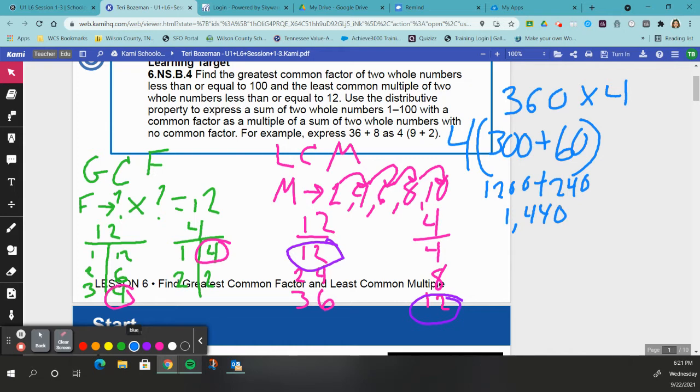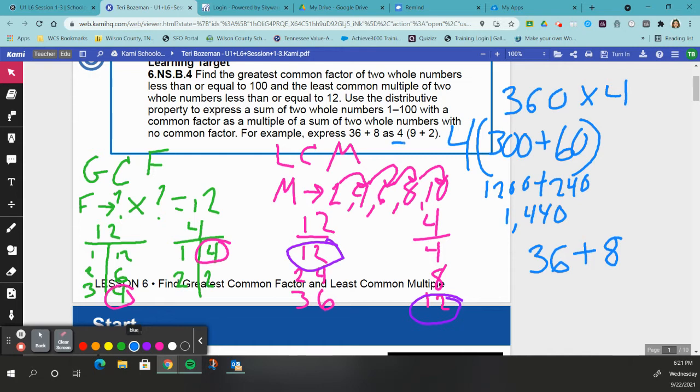We want to be able to take a sum of 2 numbers and we want to be able to write it as distributive property. The example given in the standard is 36 plus 8. So in that example, you will see that they have pulled out a 4.